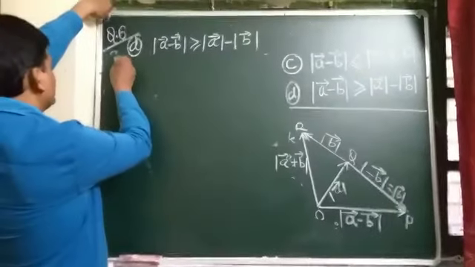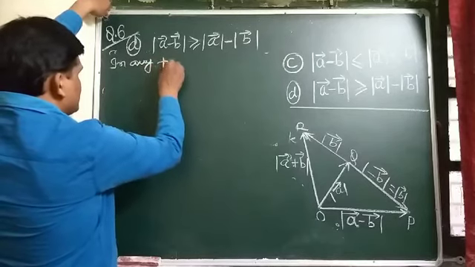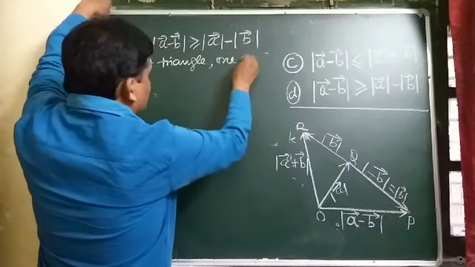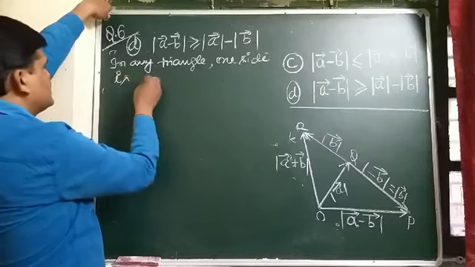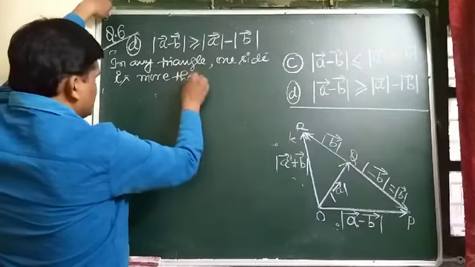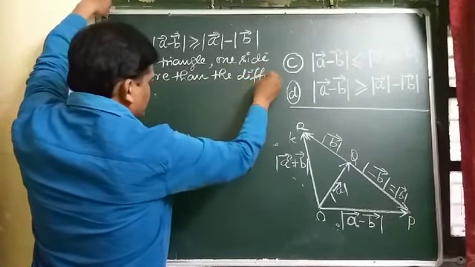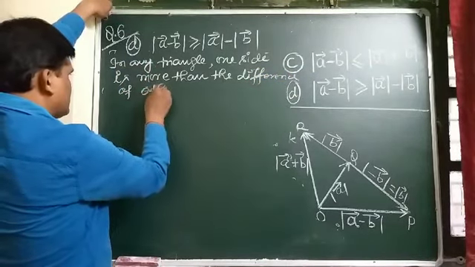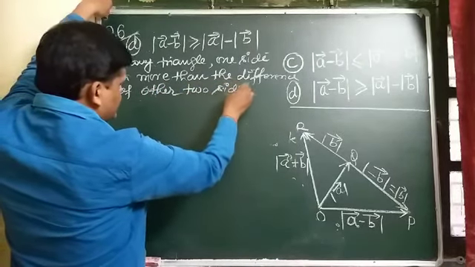So in any triangle, one side is more than the difference of the other two sides.